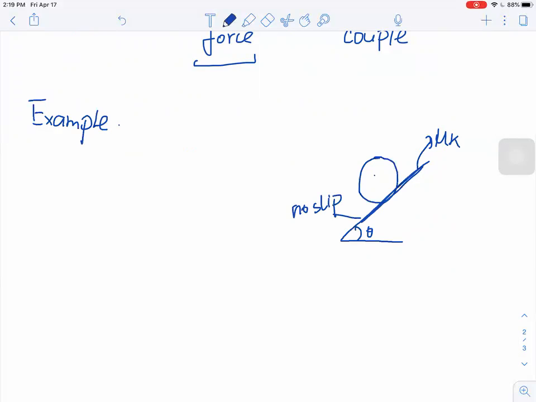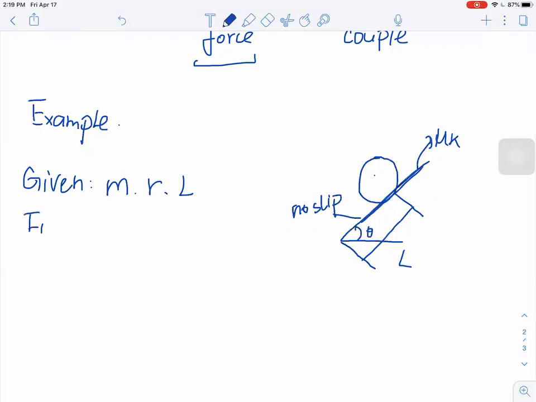And we know the distance from the initial position all the way to the bottom of the slope is L. Can we find out what's the speed of this disk after rolling to the bottom? So what are we given here? It's mass, radius, and then L.